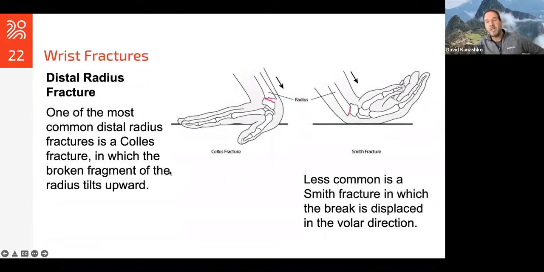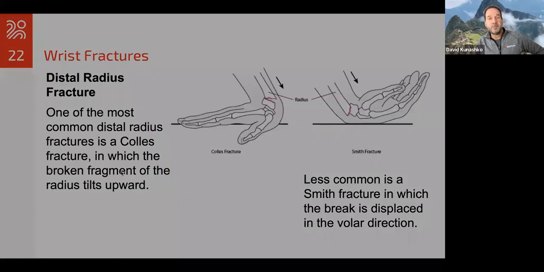But if it's a fall on the opposite side where you get excessive flexion, which doesn't happen as often but can, then this is called a Smith fracture. And the displacement is in the volar direction, whereas the displacement is in the opposite direction for a Colles fracture.